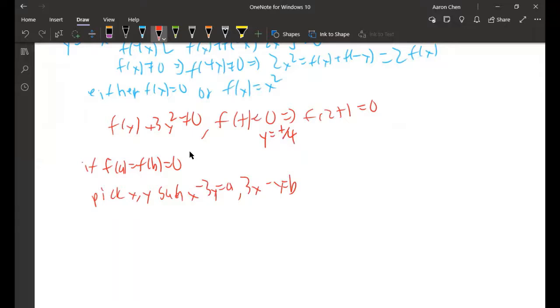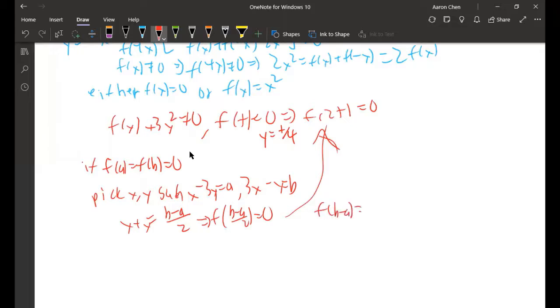And so we can see that x plus y must then be equal to b minus a over 2. And so because of this, if we plug in x equals y, then we see that f of b minus a over 2 is equal to 0. And from this, this implies that f of b minus a is equal to 0.